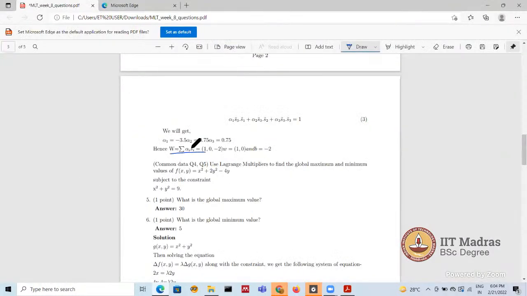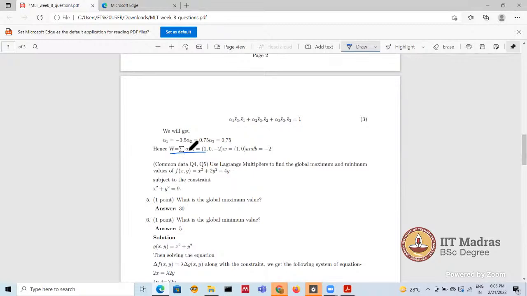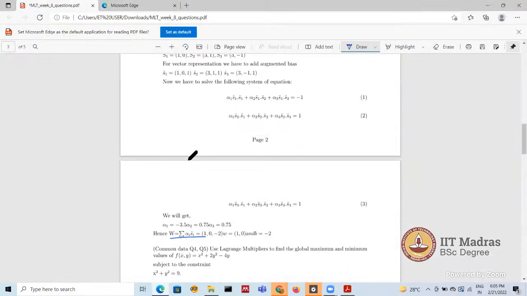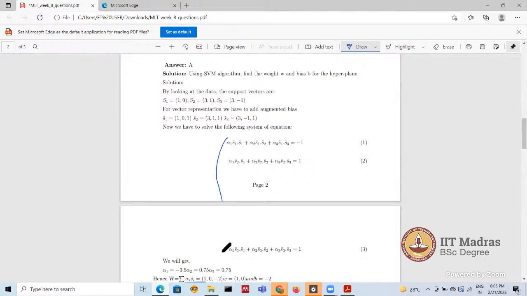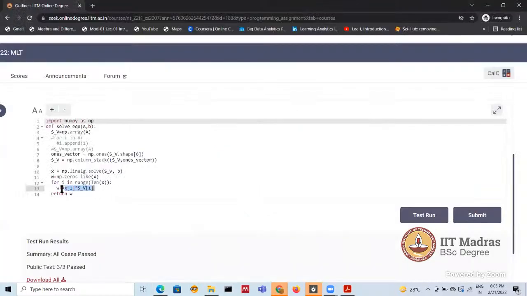The summation is this loop, and this is the product of these. So this problem is similar to that. Here also we have this system of equations, and the solution of this system multiplied by the support vectors actually gives you W.